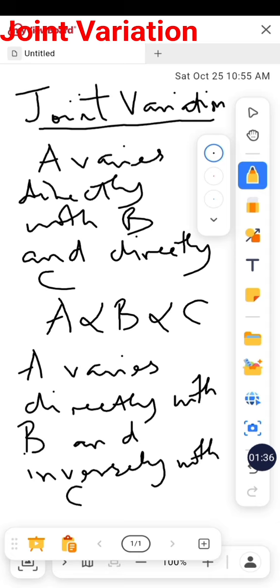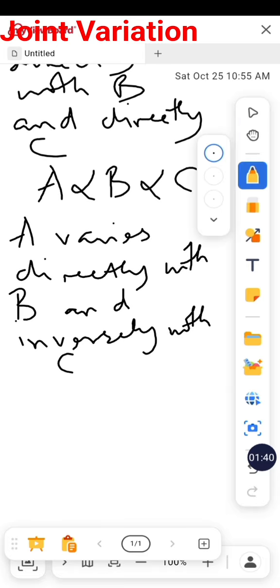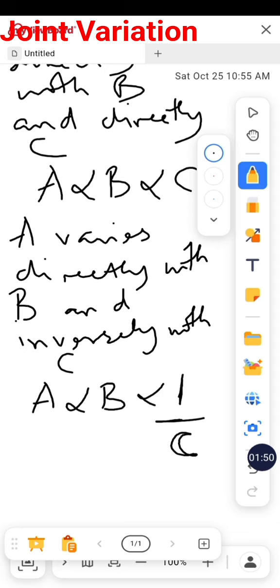That will be A varies directly with B and inversely with C, because we know inverse variation means 1 over that thing. In this case, this is a combination of both.